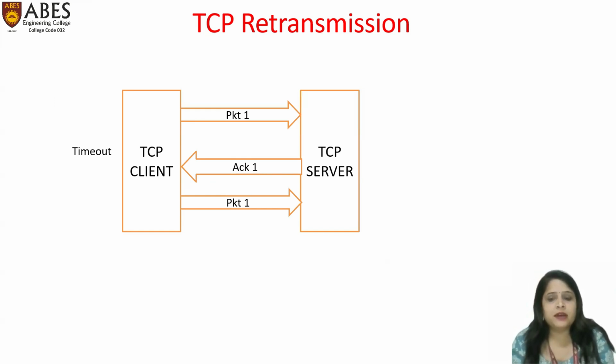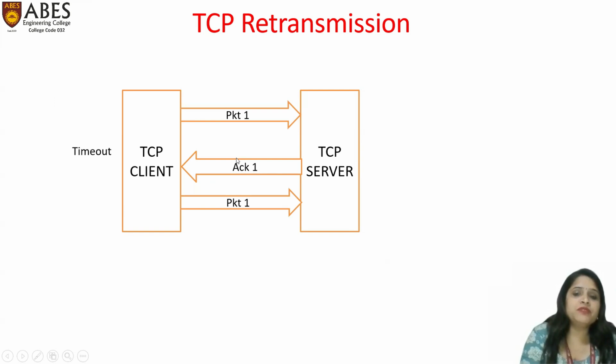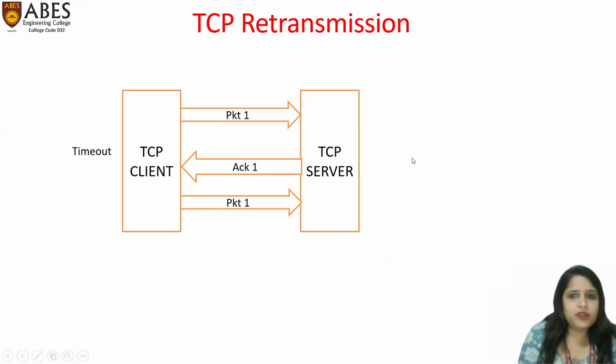After waiting a certain amount of time, if the client does not receive any acknowledgement, the client resends packet 1. The server did send the acknowledgement of packet 1, but due to the delay, the client did not receive it within the given time period, so the client resends the packet. So this is early timeout retransmission.